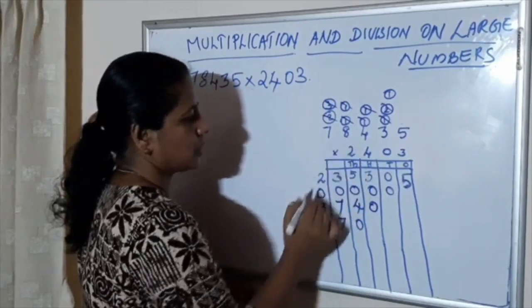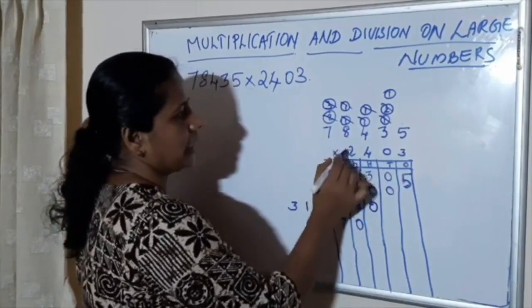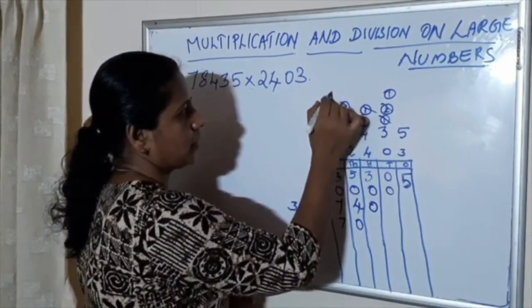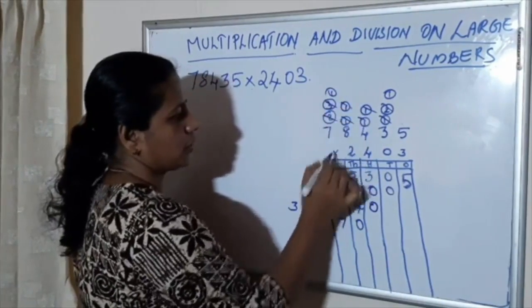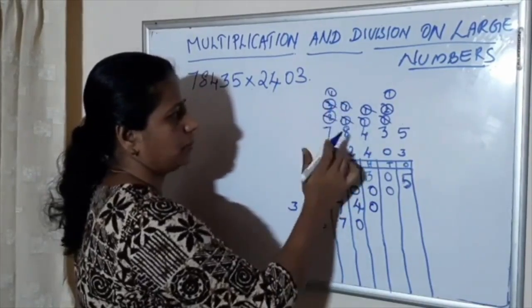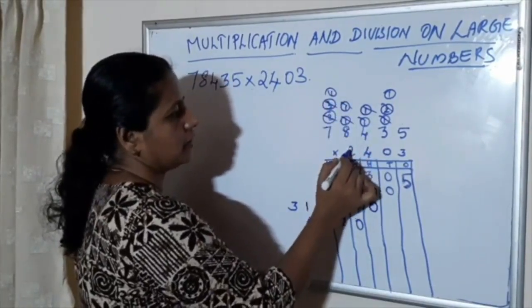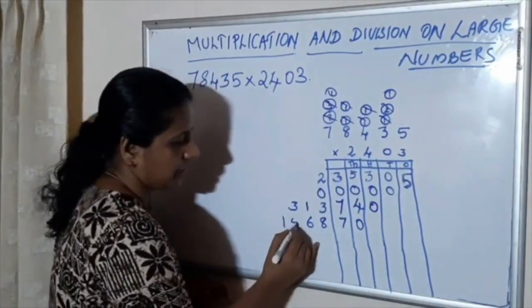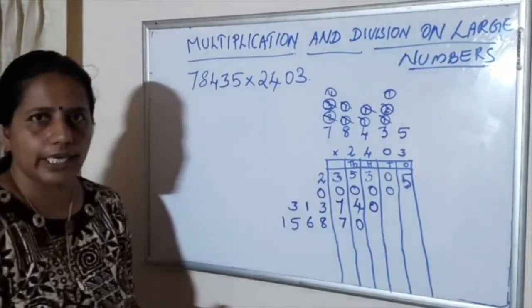Next 8 to 16. Carry over, write carry over here. Okay, 8 to 16. Carry over 1 because carry over is for the next number. Okay, then next one 7 to 14. 14 plus 1, 15.